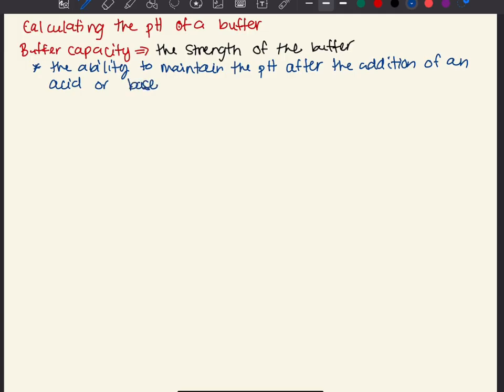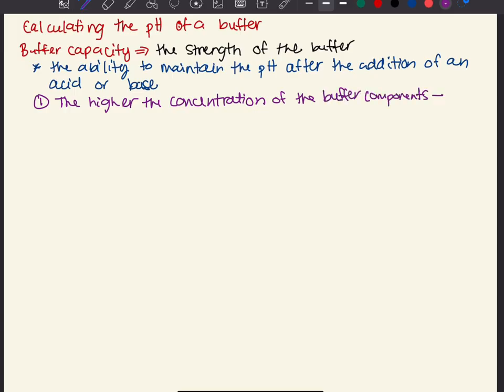Now, there are two things that really can contribute to the buffer capacity. The first is the higher the concentration of the buffer components, that is going to result in an increase in capacity.